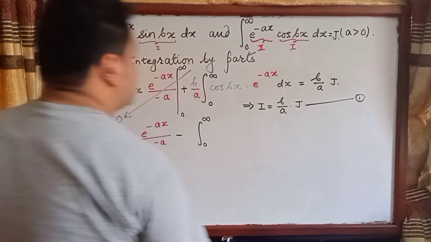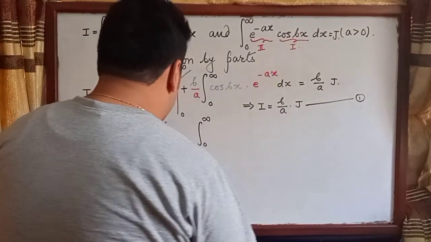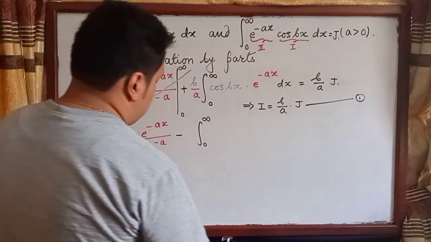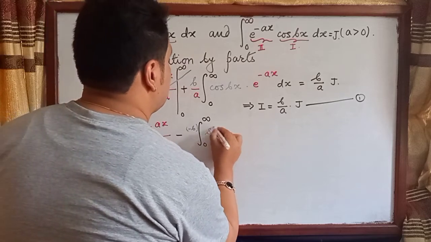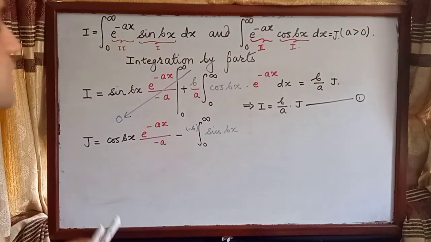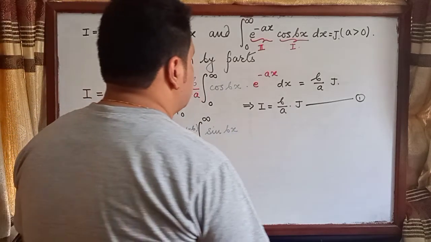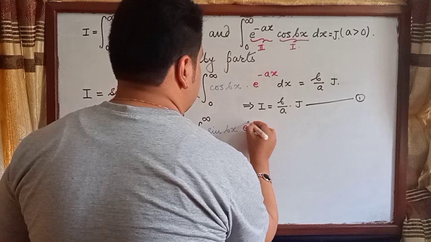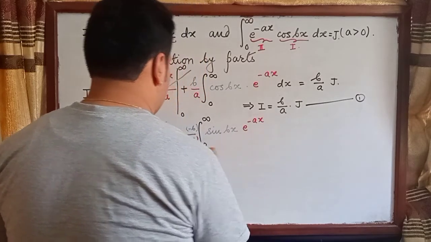the derivative of the first function. Derivative of the first function means minus b sine bx, and the integral of the second function means exponential of ax over minus a.